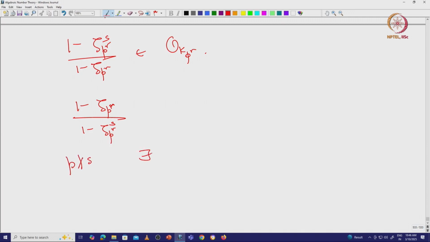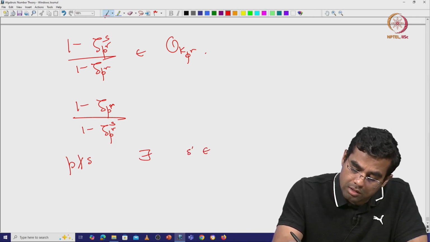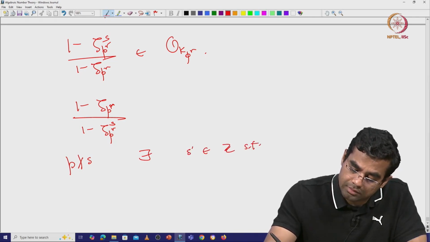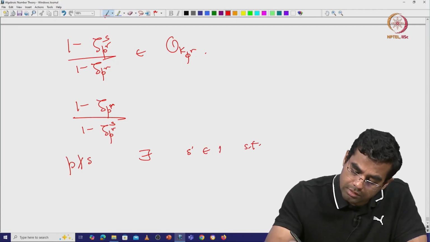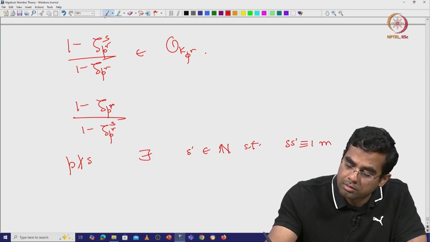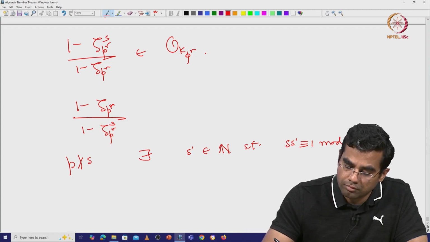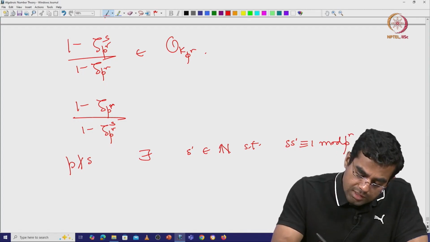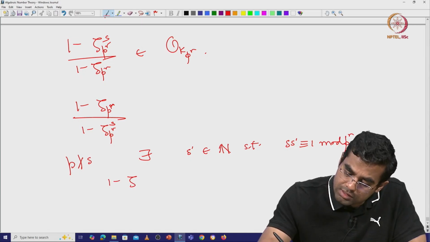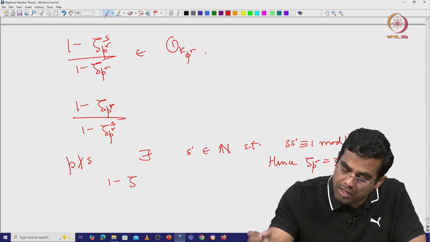So there exists s prime in Z, or even inside natural numbers, such that s prime is congruent to 1 mod p to the r, and this means that zeta p to the r is the same as zeta p to the r to the s prime.